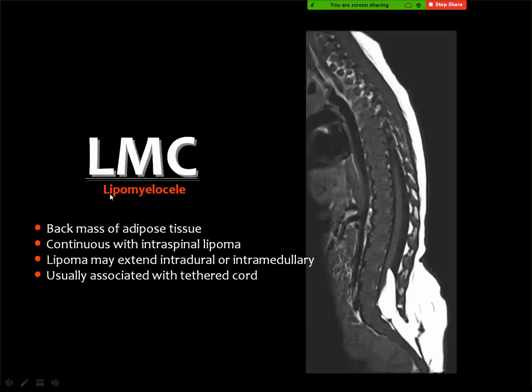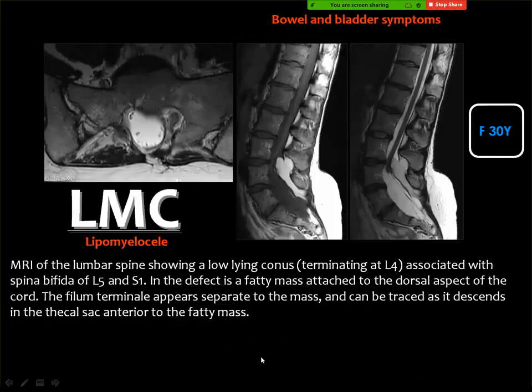Then this is a lipomyelocele where the fat in the subcutaneous space is continuous with the fat inside the spinal canal, and the site of attachment of the cord to the fat is inside the spinal canal. Then another case: you should see whether the fat inside the spinal canal is continuous with the fat in the subcutaneous space.